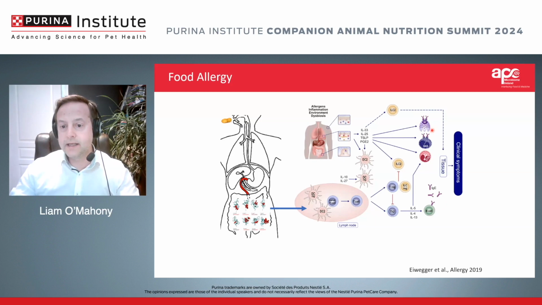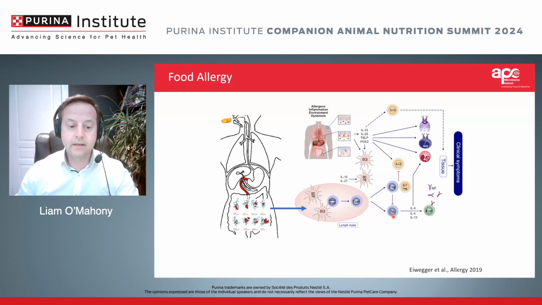I think what we're becoming more appreciative of recently is the role of other barriers in influencing this Th2 polarization. So for example, inflammatory responses within the skin can lead to the secretion of alarmins such as IL-33, IL-25, and TSLP, which then polarize ILC2s and DC2s into a Th2 phenotype, and these seem to assist in the induction of these Th2 lymphocytes.